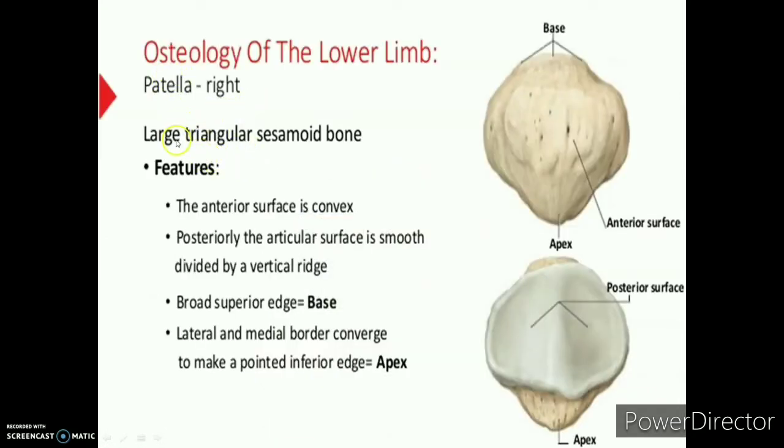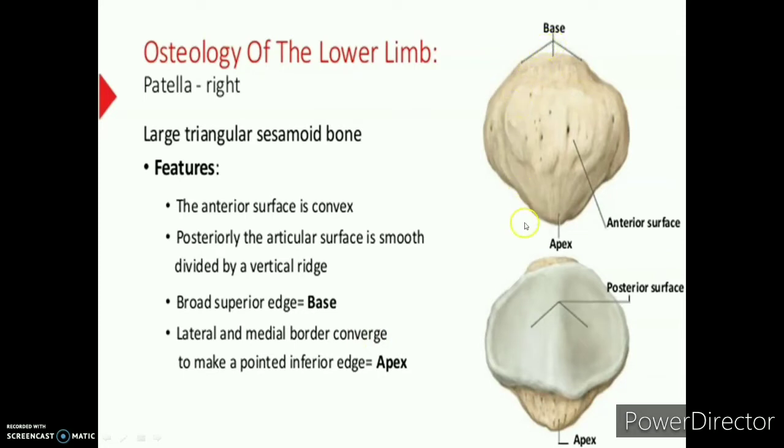Osteology of the patella. The patella is a large triangular sesamoid bone. You can see it is a bit triangular in shape. The anterior surface is convex. Posteriorly, the articular surface is smooth and divided by a vertical ridge into two parts. The broad superior edge is known as the base.